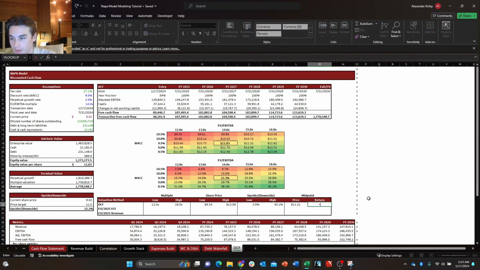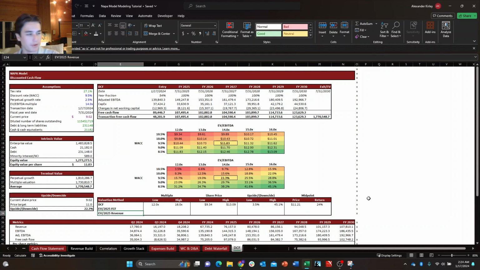And then return, do this. Minus this, divided by, sorry, I got a little bit distracted there. And bam. So now we have a better idea of these, and then we're going to get into our EV free cash flow, EV revenue here soon as well.